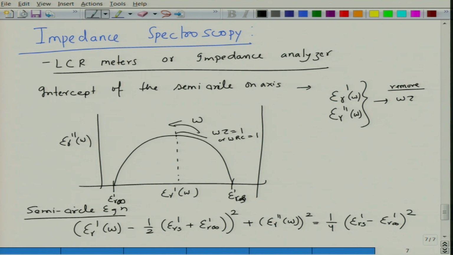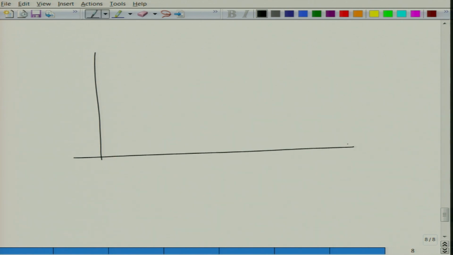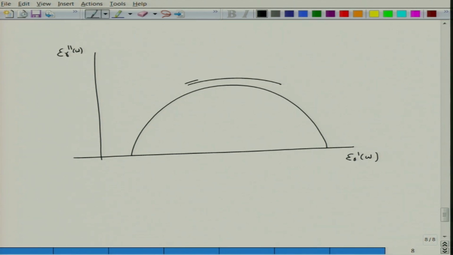So, if you remove omega tau, you get the equation of a semicircle. Let us do a little bit more with this. When you plot epsilon r prime versus epsilon r double prime, we get this semicircle. The frequency increase is shown in the inverse direction, from right to left. If you want to measure at this point, this would be epsilon r star, the net dielectric constant.